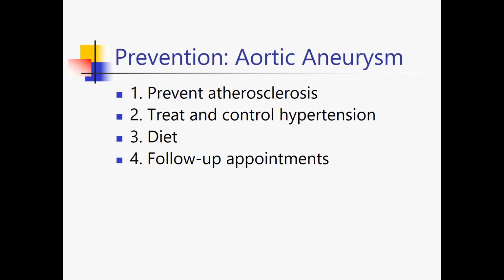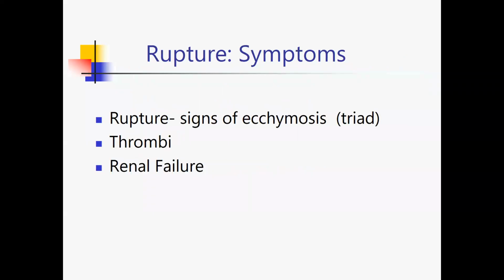So educate, educate, educate. What happens if we don't go to surgery and we haven't had this aneurysm fixed? It becomes unstable and it ruptures. So there is rupture, with signs of ecchymosis.